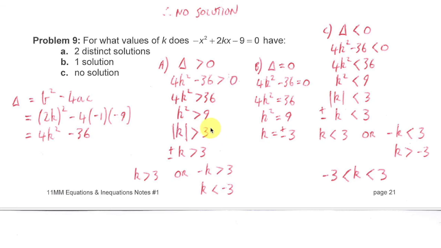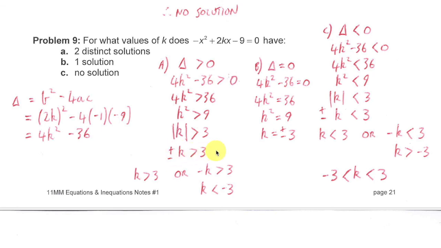So the square root will be either positive 3 or negative 3. Now, when we're thinking about k, we're only talking about the size of it. So I can write that k is greater than positive 3 or negative 3, but alternately, I could also say that 3 is less than positive k or negative k. It's just a different way of thinking about it.